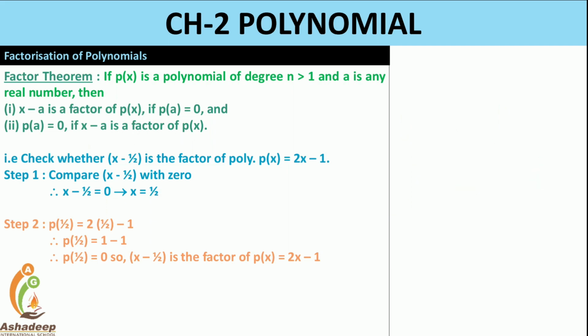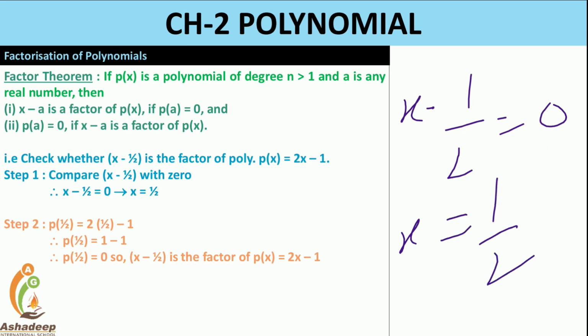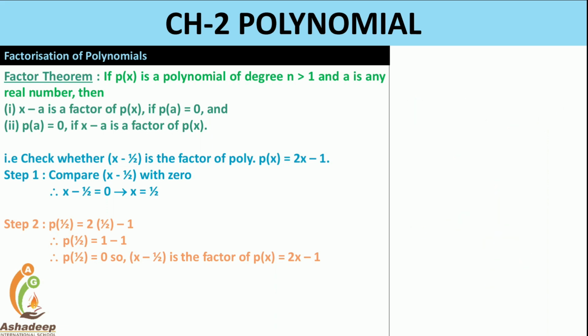Let's check with another example. Check whether x minus 1 by 2 is a factor of the polynomial 2x minus 1 or not. What we have to do is compare x minus 1 by 2 with 0, so x equals 1 by 2.